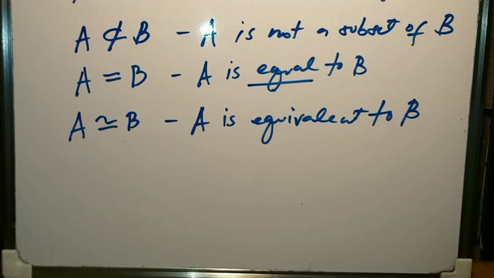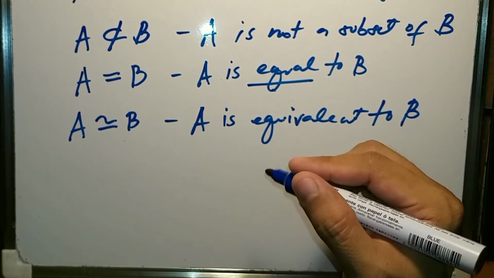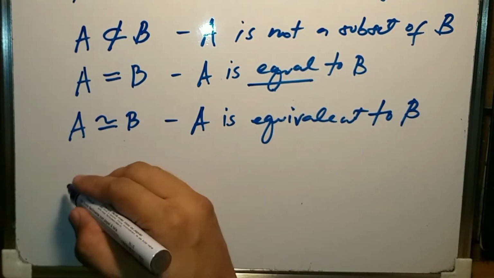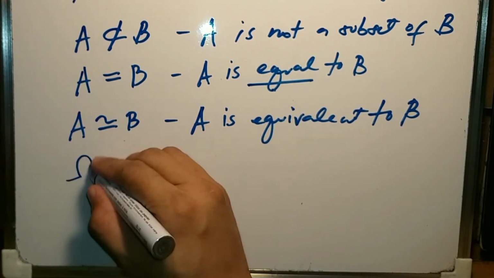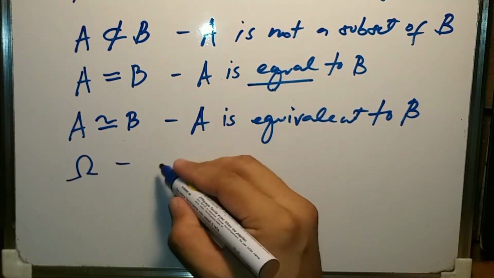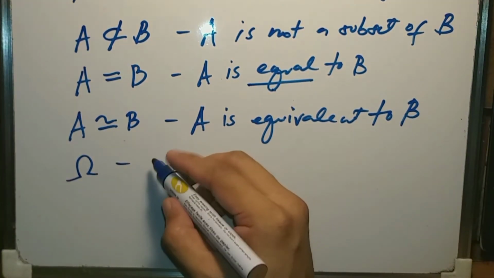So there are also some sets that I did not define, so I will write it here. So the first one we have is omega, which is the universal set.